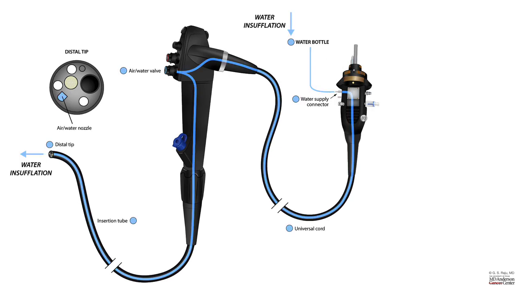Next, if you press the blue button down, not just occlude, press it down, then small amounts of water come down to clean your lens. So we talked about air and water insufflation.